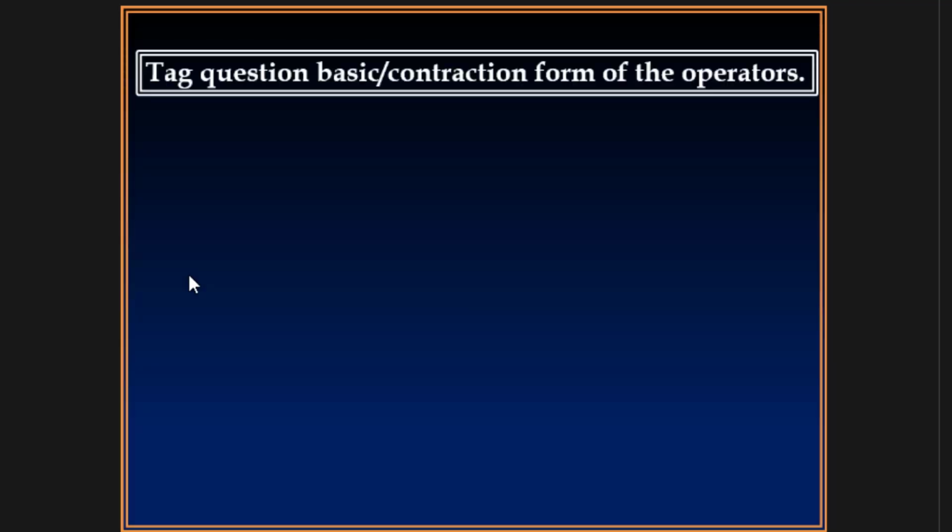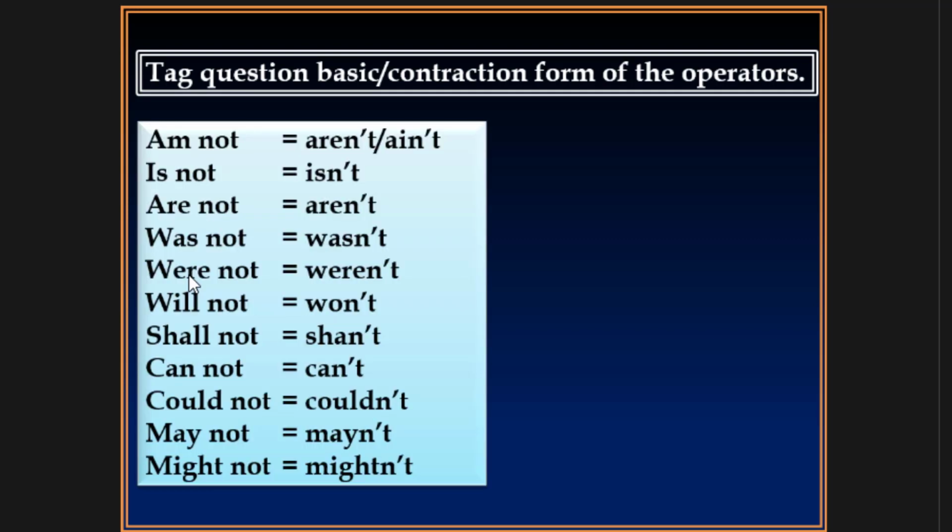Basic tag question. Some contraction forms of the operators: we have to write am not as aren't or ain't in a tag question.